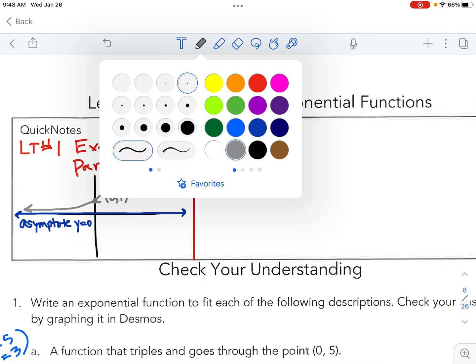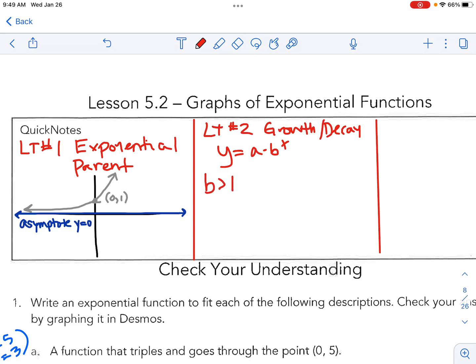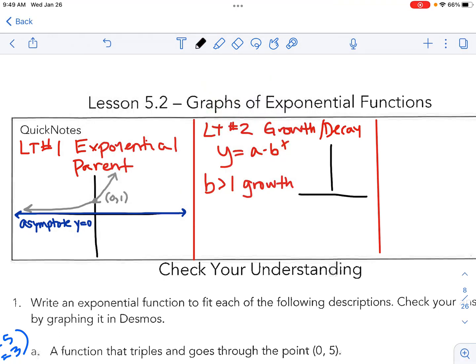And then learning target number 2 was working with changing that base. In general, we call that growth and decay. When we have this function y equals a times b to the x, in real simple form, we're looking at b. If b is greater than 1, we have growth, which means it looks like this.